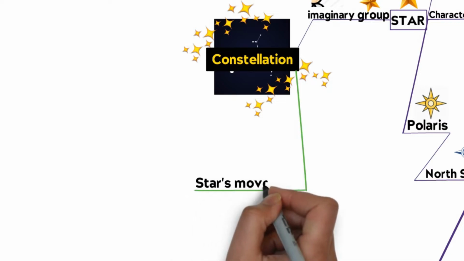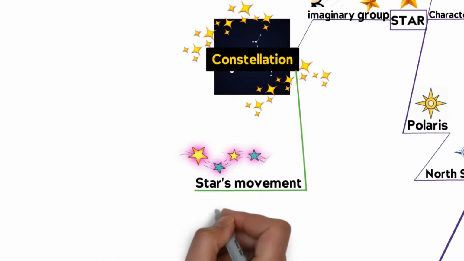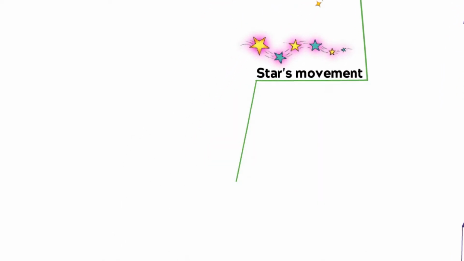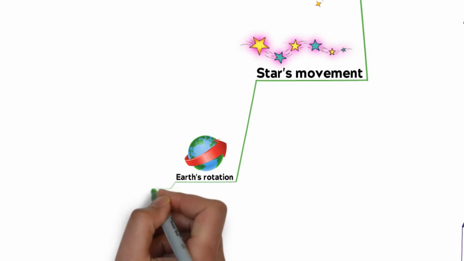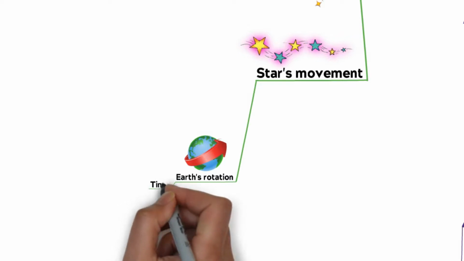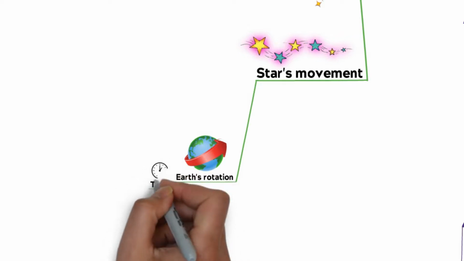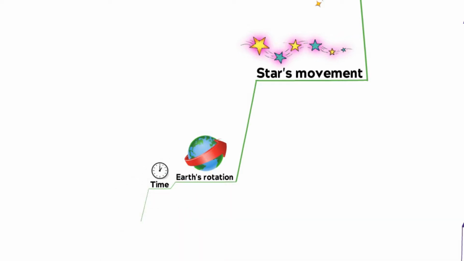Movement of the stars. As Earth rotates, it seems like the Sun is moving across the sky, but it's really the Earth that is spinning. We can tell what time it is by observing the Sun's movement and position.